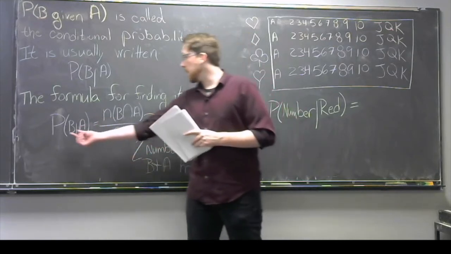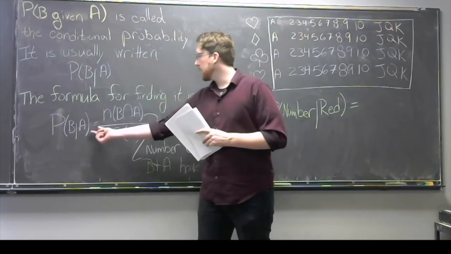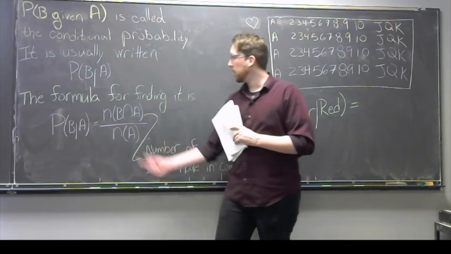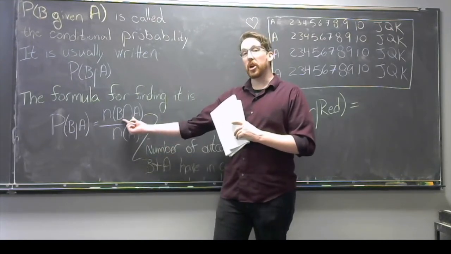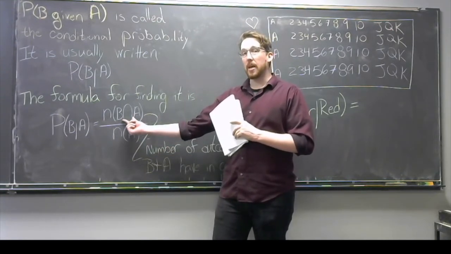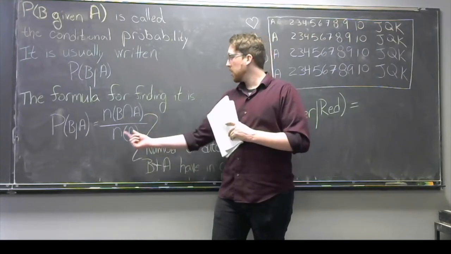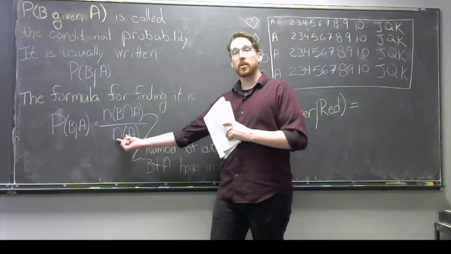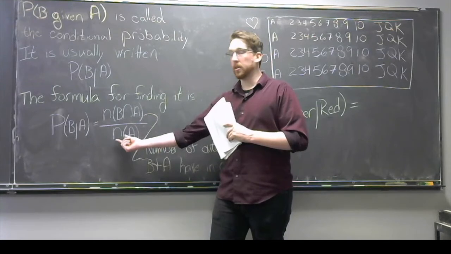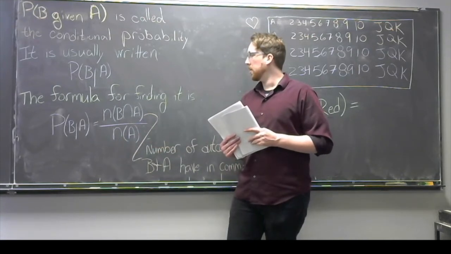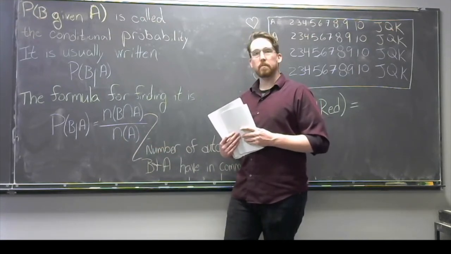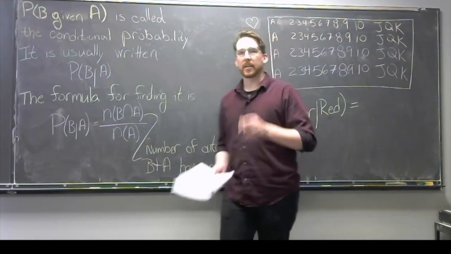The probability of B given A is equal to the number of shared events between B and A divided by the number of events of A. Okay, so let's look at an exact example.